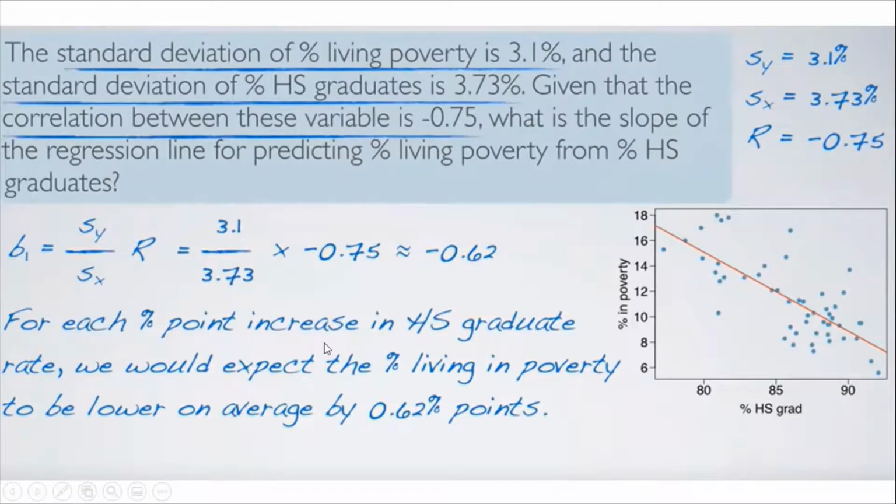In this US example, for each percentage point increase in high school graduates, we expect the percentage living in poverty to be lower on average by 0.62 percentage points. Basically, for one unit increase in the explanatory variable, the response variable will decrease by 0.62 unit, because we have a negative association.